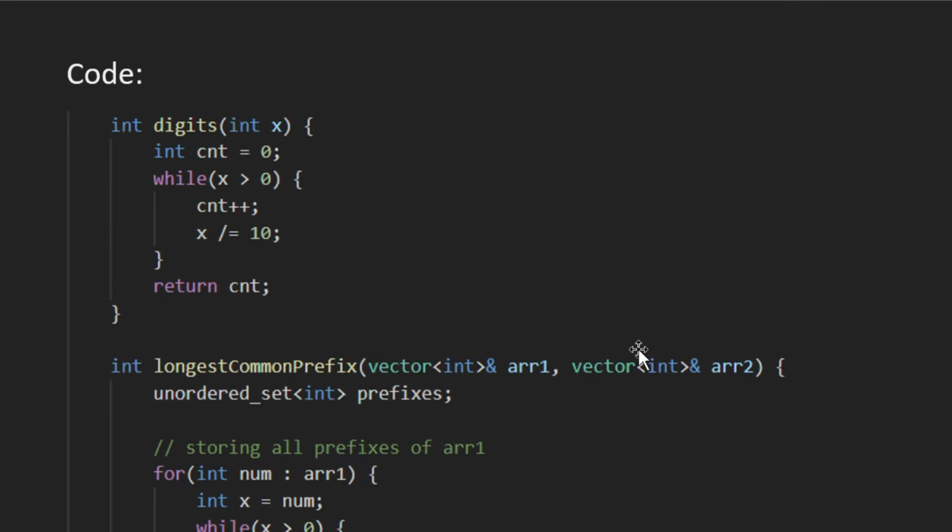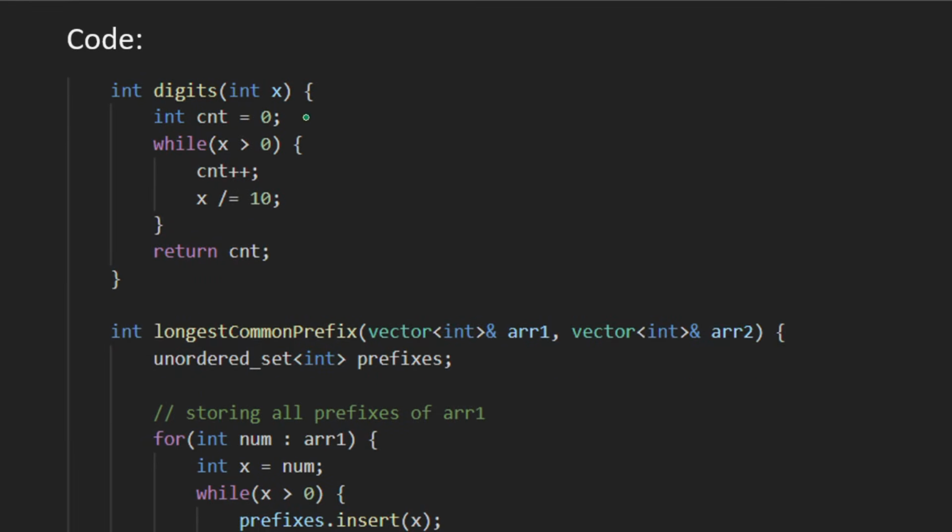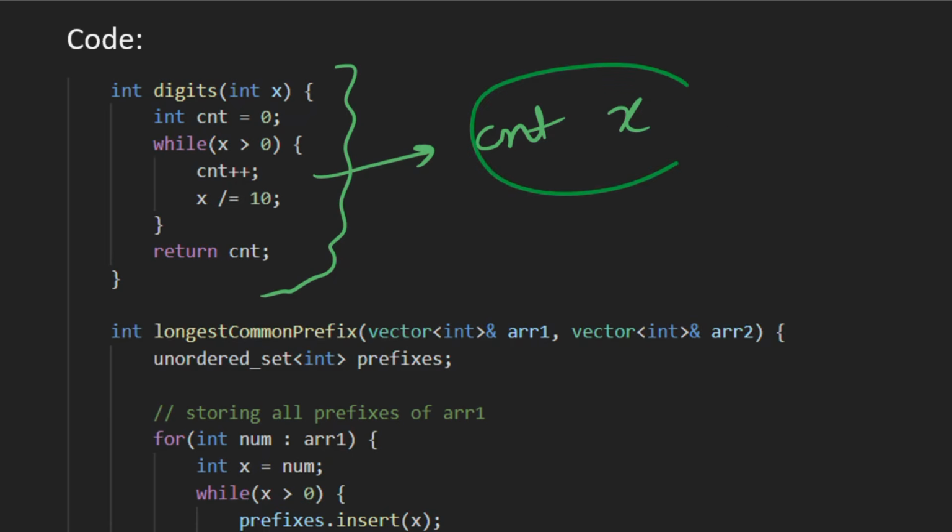So let's move to the code part. We have taken this digits function to count. It will give us the count of the digits in the number x.